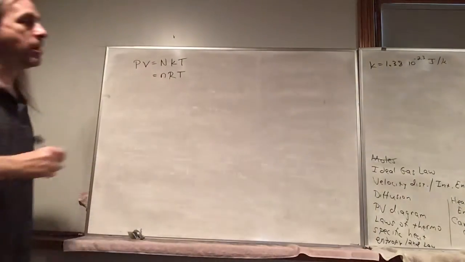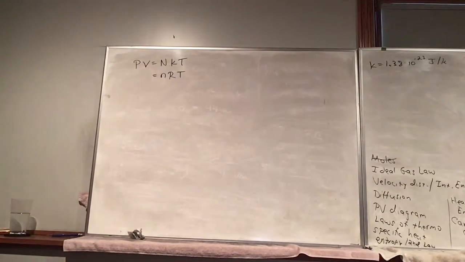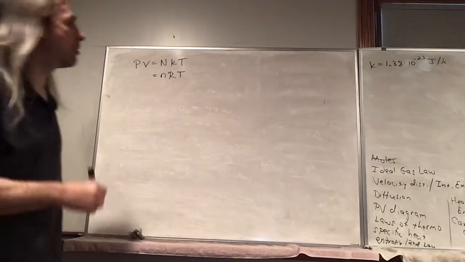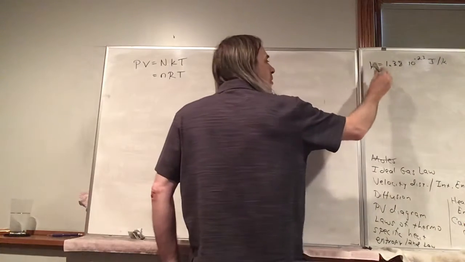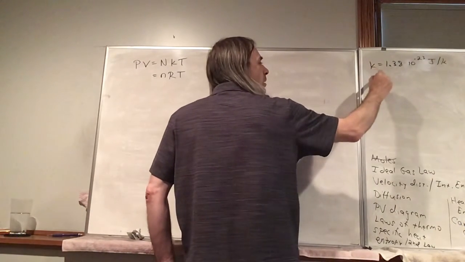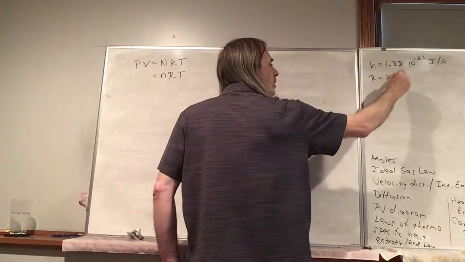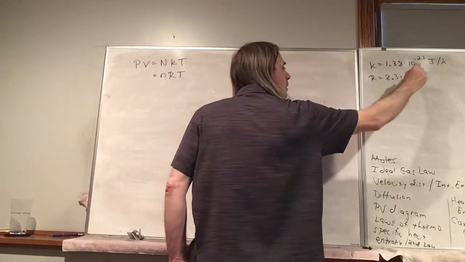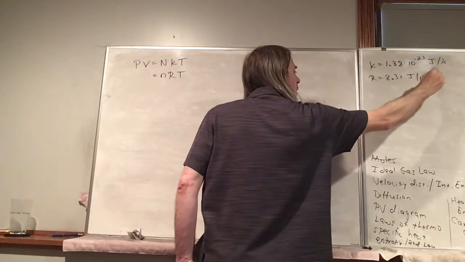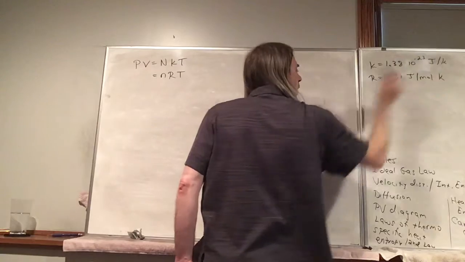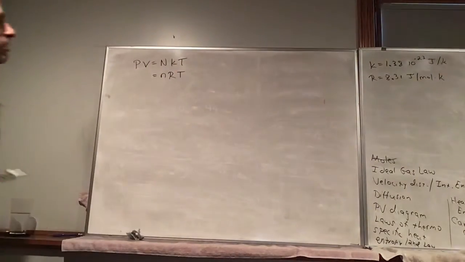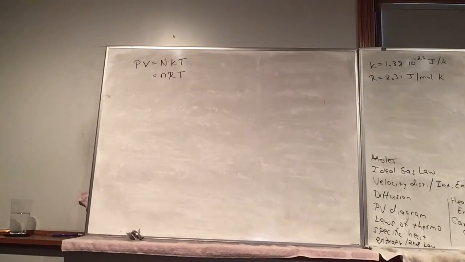A rather small number there, 1.38 times 10 to the minus 23rd joules per Kelvin. R is the universal gas constant, 8.31 joules per mole Kelvin. And lowercase n is the number of moles.